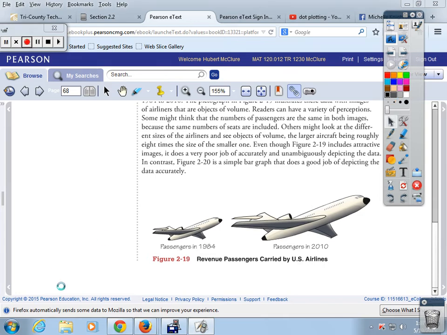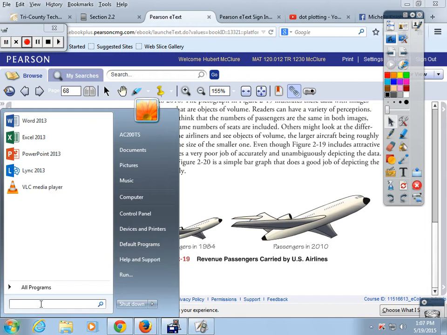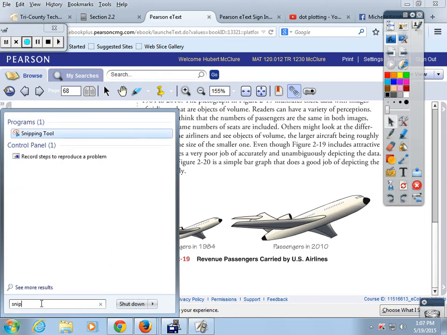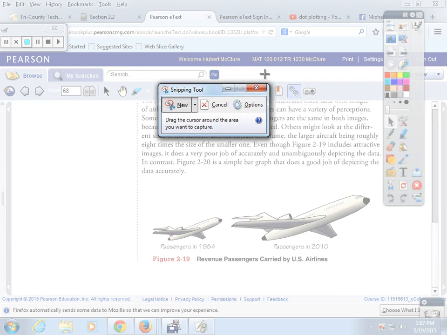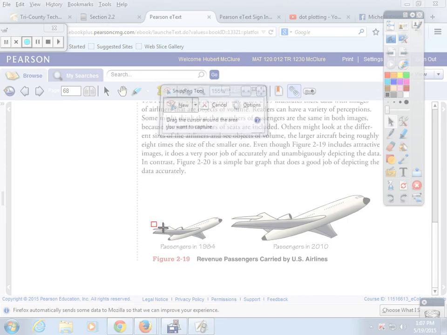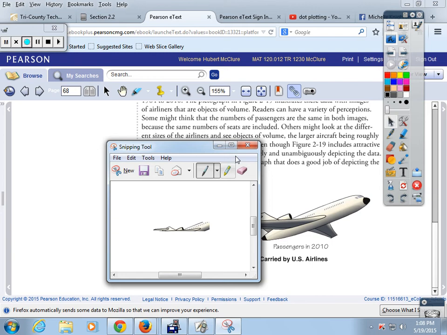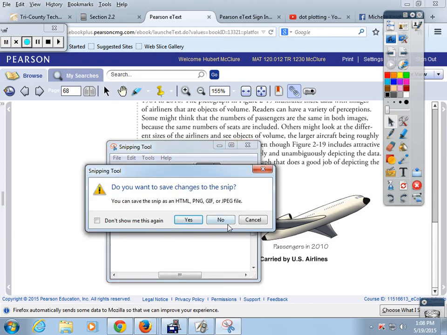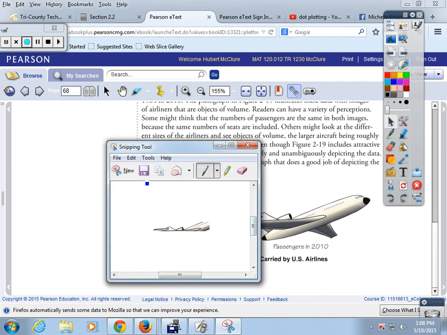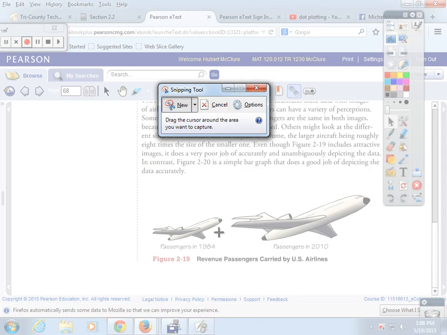I lost it. I don't know where it went. We're going to take our handy dandy snipping tool and we're going to, oops, can't do that. Nope. Cancel. Let me do it again. There we go.